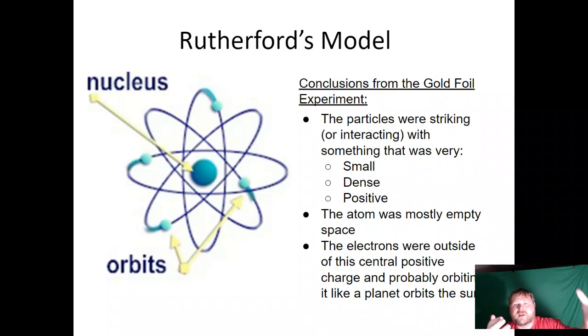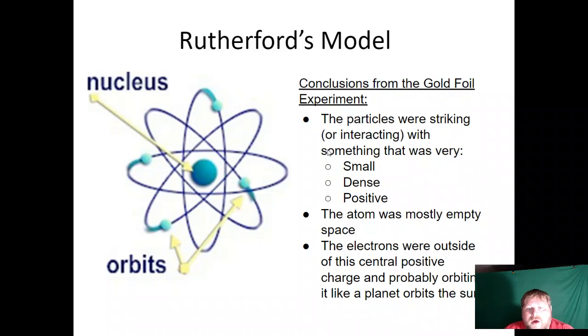So he said, okay, the electrons must be moving around that central nucleus far enough away so they don't come smashing into each other, kind of like the planets orbit the sun. And so that led him to say that the atom is mostly empty space.